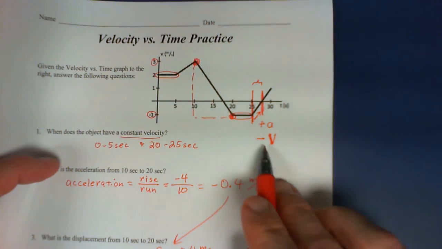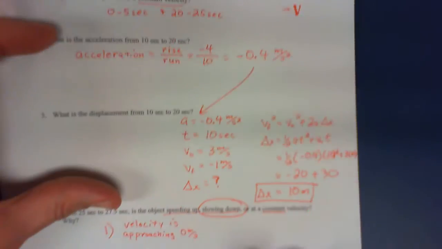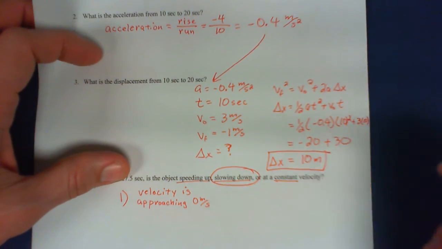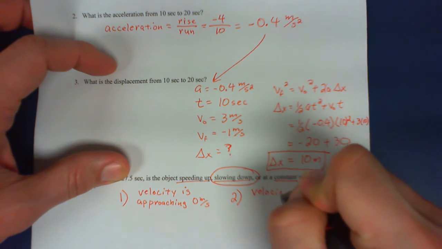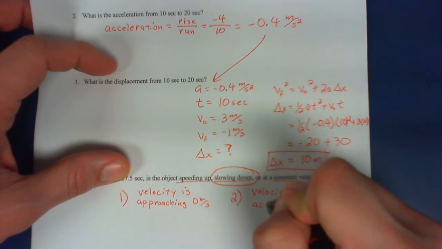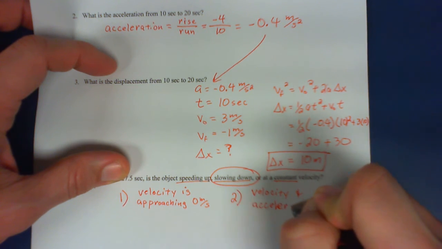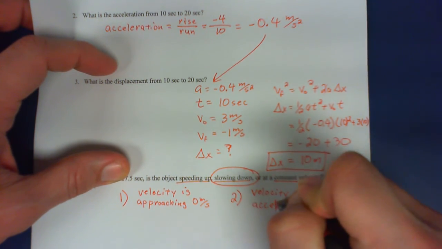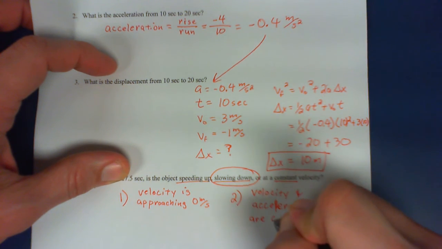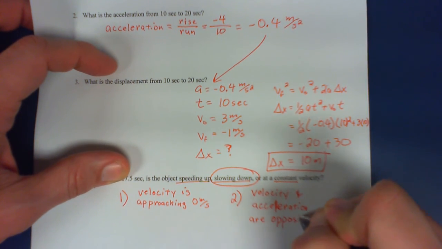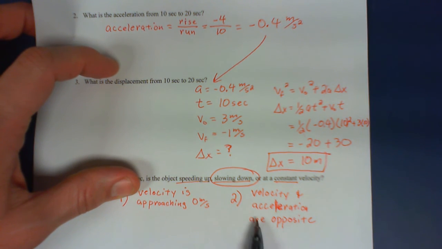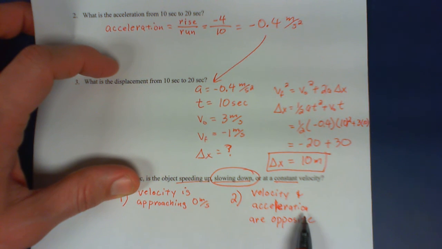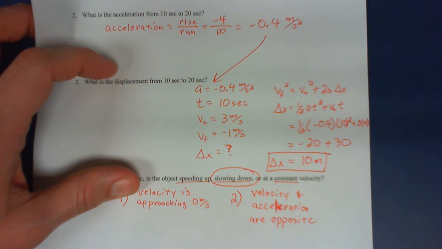So if we have a positive acceleration and a negative velocity, that also means it's slowing down, because the velocity and acceleration are opposite. Even though the acceleration is positive, that doesn't matter as much as the fact that it's in the opposite direction as velocity.